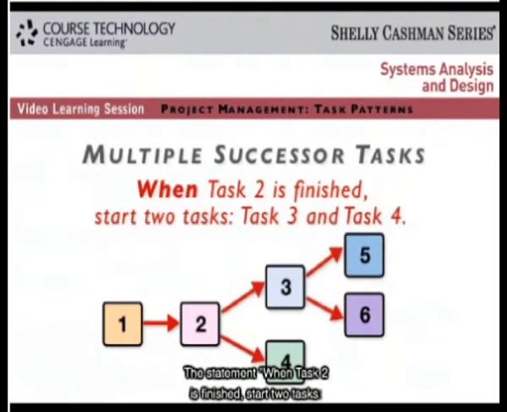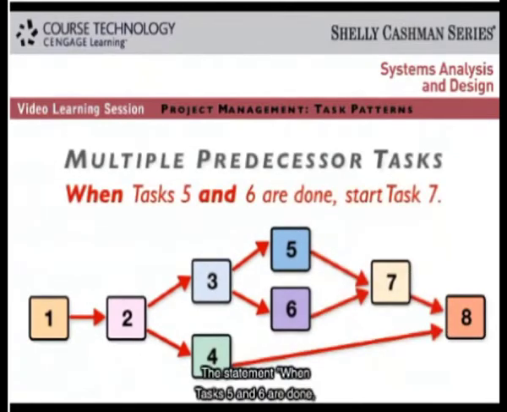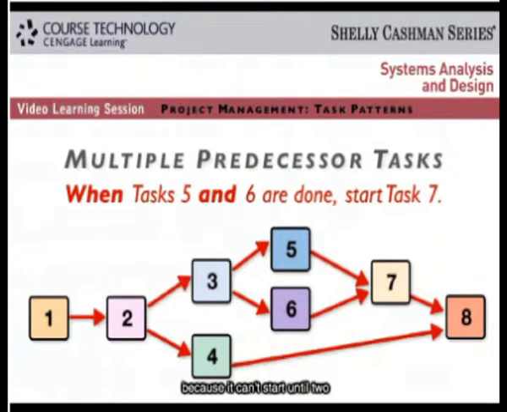The statement, when task 2 is finished, start 2 tasks, task 3 and task 4, describes multiple successor tasks that can both start as soon as task 2 is finished. The statement, when tasks 5 and 6 are done, start task 7, indicates that task 7 is a multiple predecessor task, because it can't start until 2 or more previous tasks all are completed.